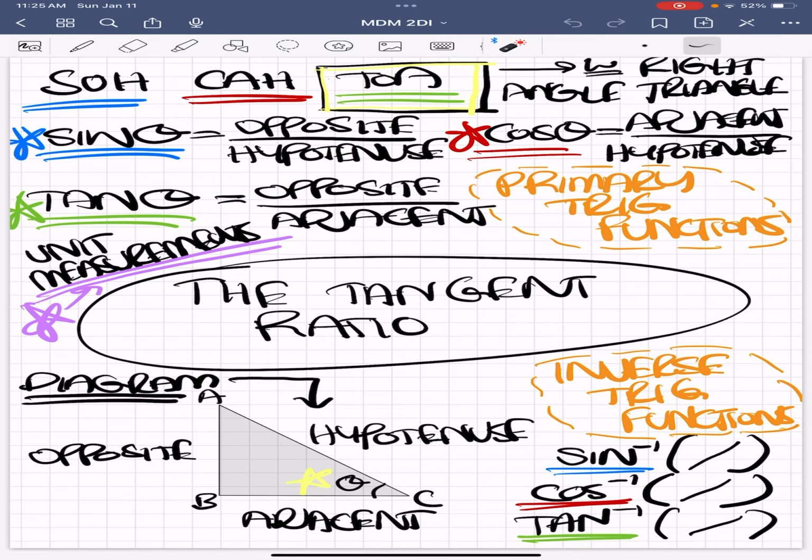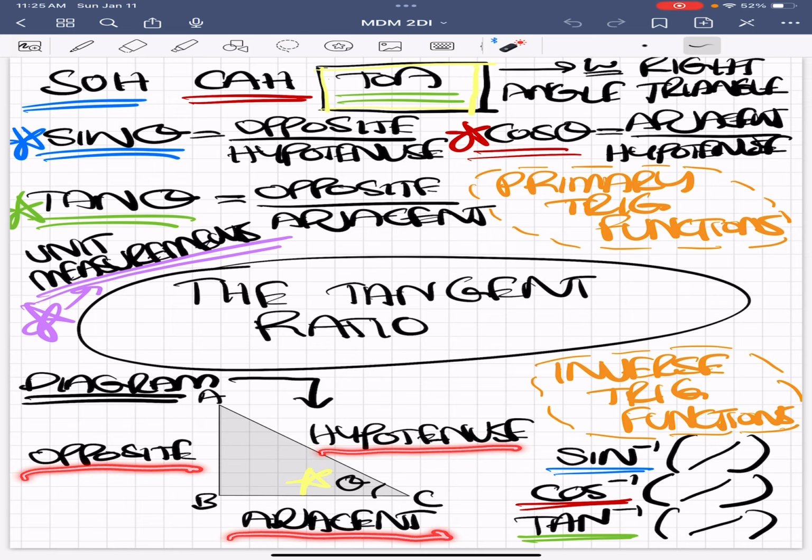When we're dealing with questions, we always need unit measurements. As you can see from the diagram down here, my points are labeled A, B, and C. Then we have theta right here with our adjacent side length, our opposite side length, and our hypotenuse as well.